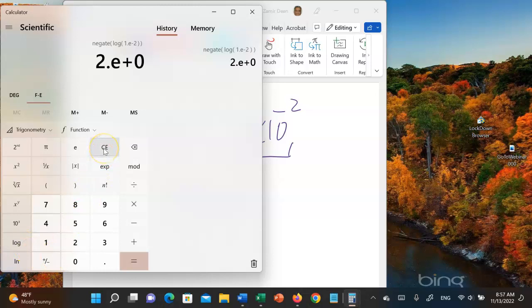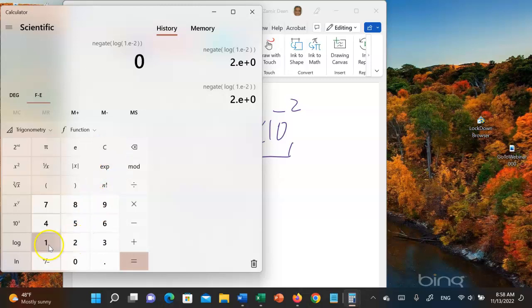Okay. Now, what about if the numbers are so small that they're hard to write in this 0.0000023 format? It'd be easier if you write in scientific format. Okay.